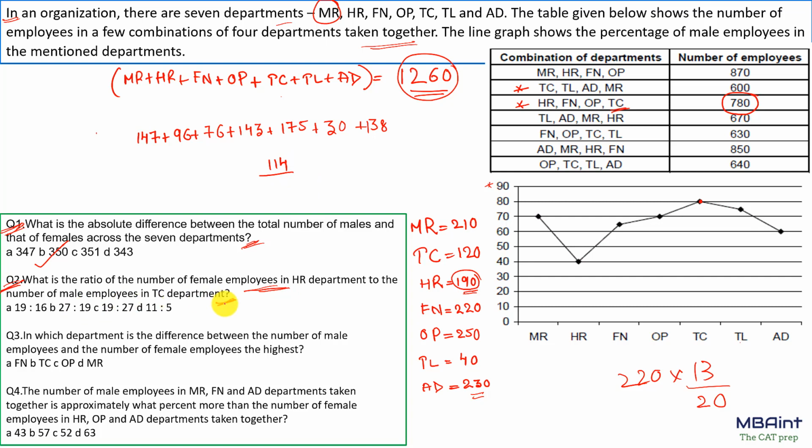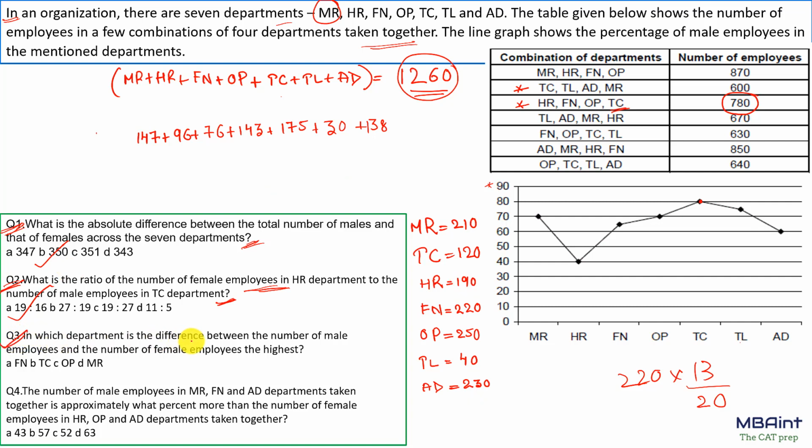And the number of male employees in the TC department is 96, right? We have already calculated. If we simplify this by dividing by 3, this would be 38 and 32, and then by 2, 19 by 16.